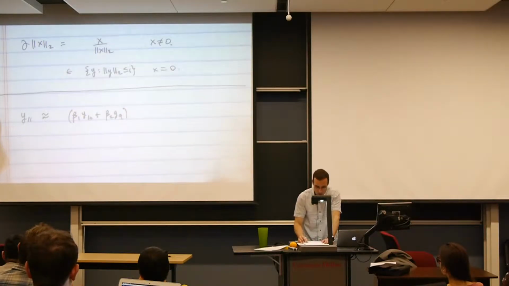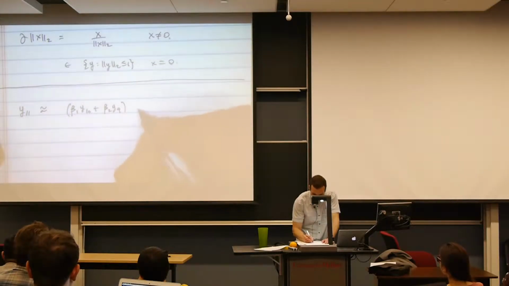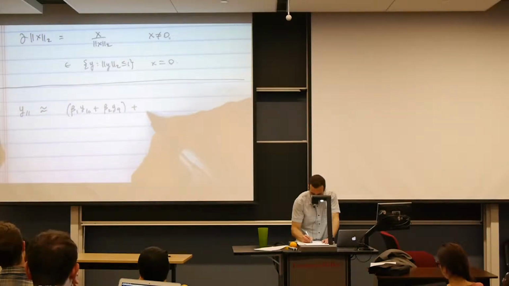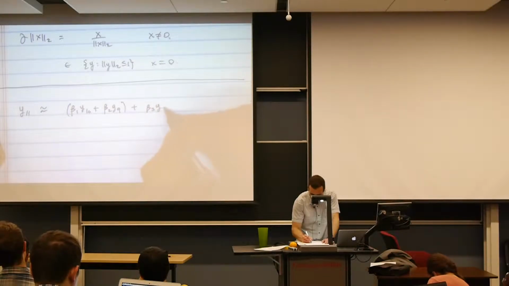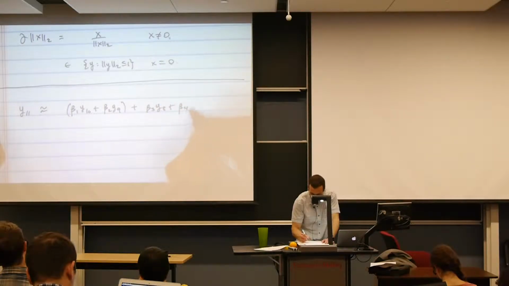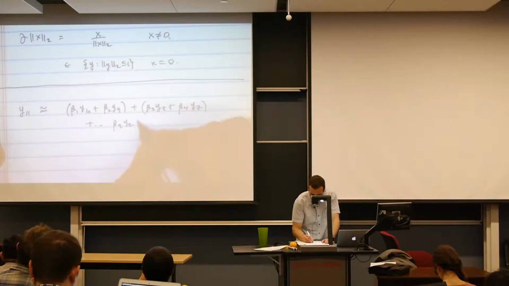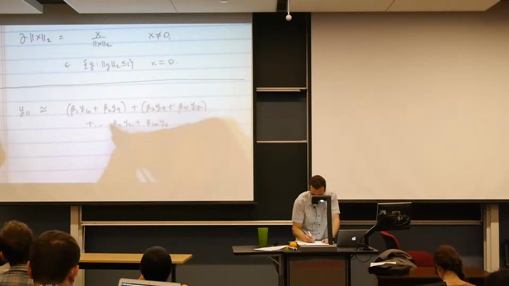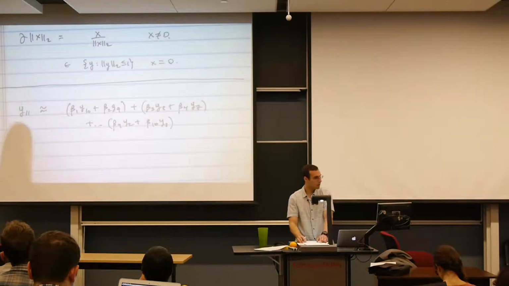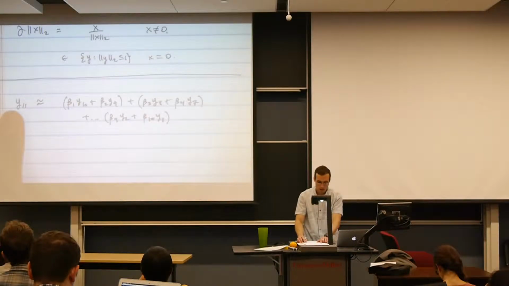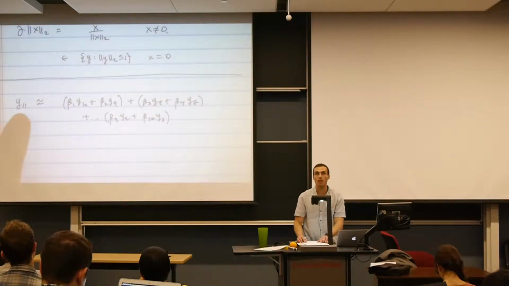That's my first group, plus beta 3 y8 plus beta 4 y7. That's my second group. All the way down through, this should be beta 9 y2 plus beta 10 y1. That's what the model would look like if we had groups of size 2 and I was just looking at time point 11.